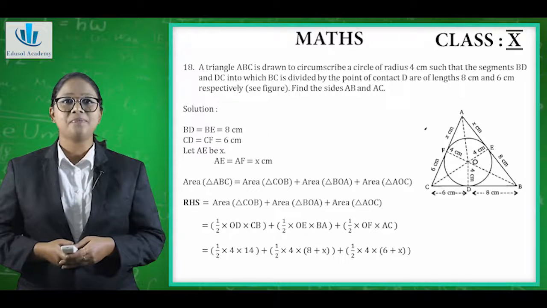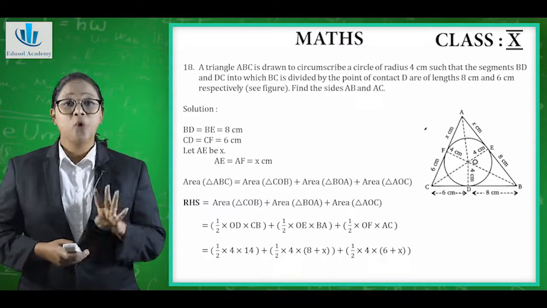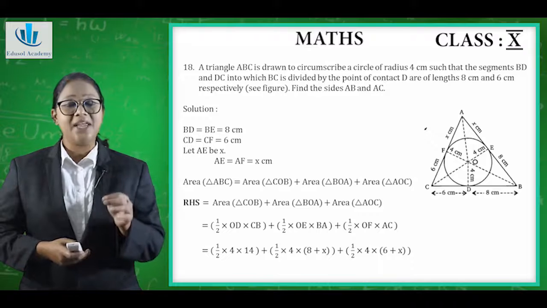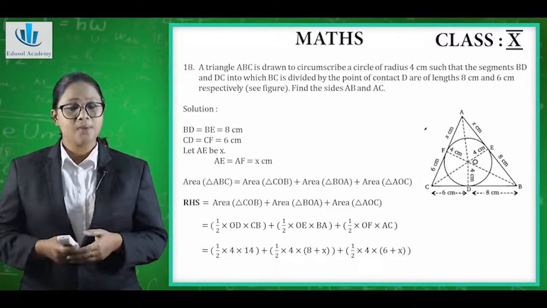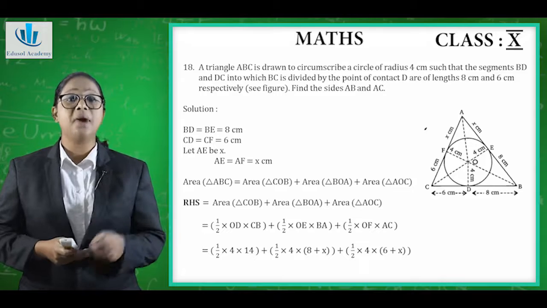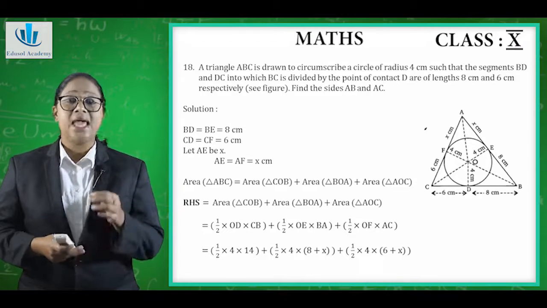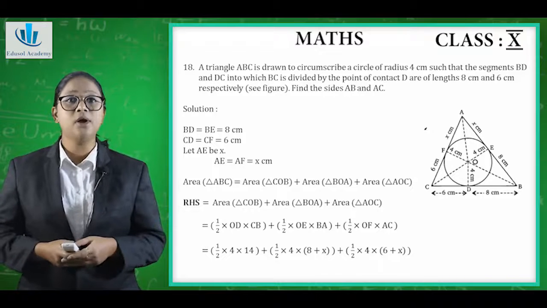Next question. A triangle ABC is drawn to circumscribe a circle of radius 4 cm such that the line segments BD and DC, into which BC is divided by the point of contact D, are of lengths 8 cm and 6 cm respectively, as shown in the figure.